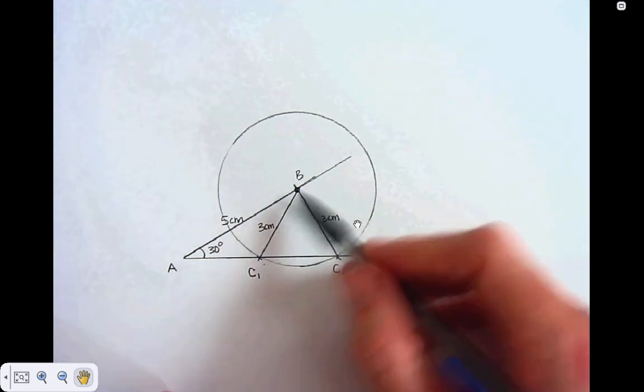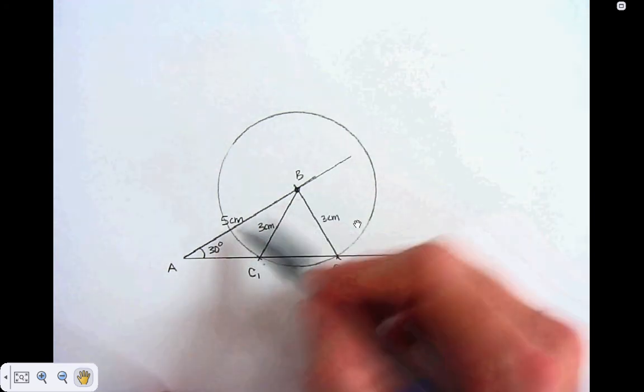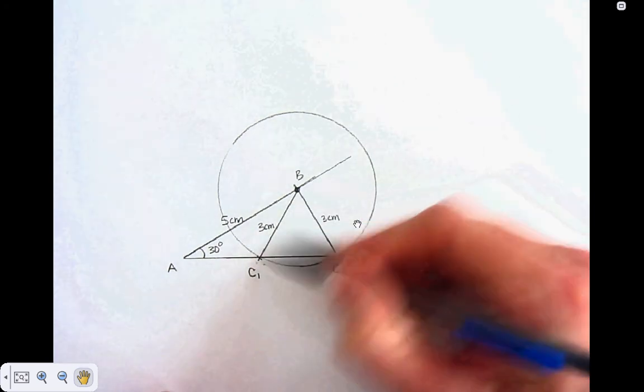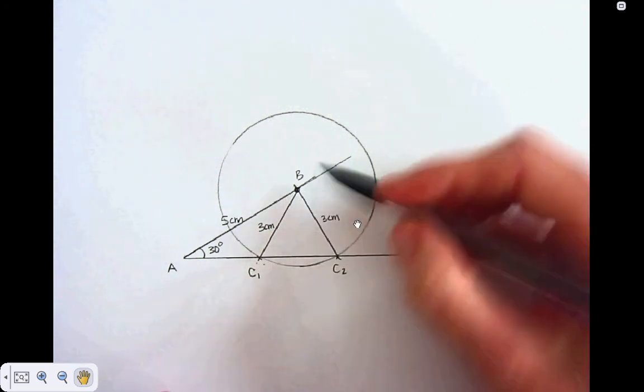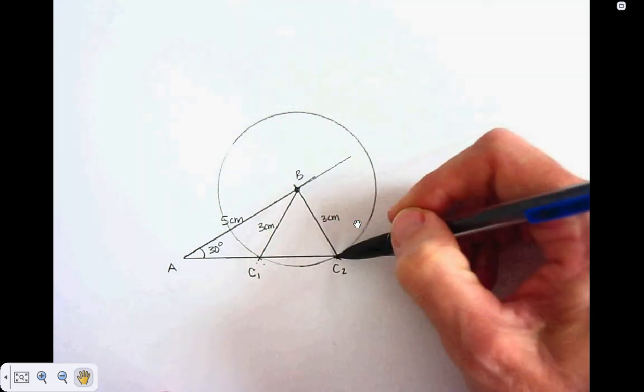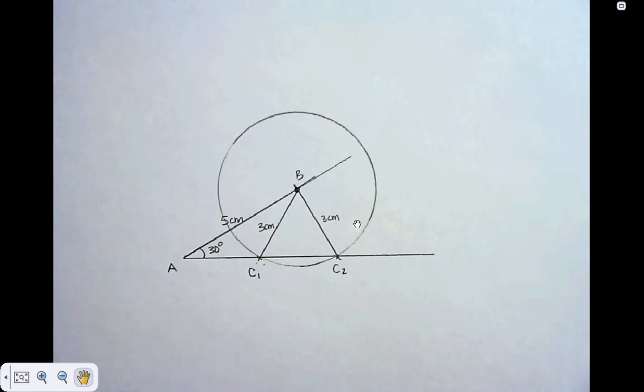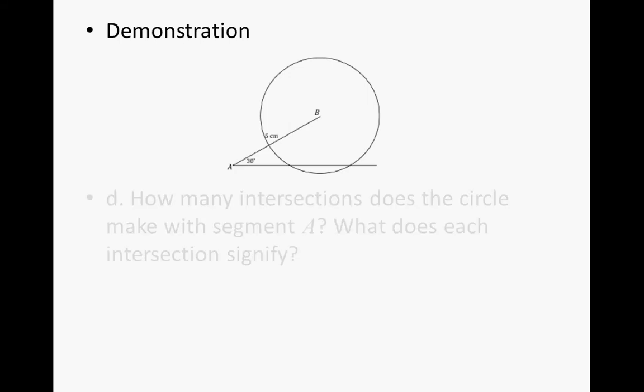So that means that these 2 sides could actually be either coming in or going out, because the circle crosses our line segment in 2 different places. So that's exactly what we have here: 5 centimeters with a circle with a radius of 3 centimeters, and it crosses in 2 places.